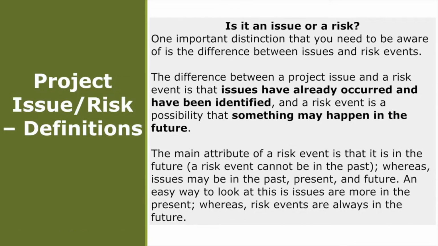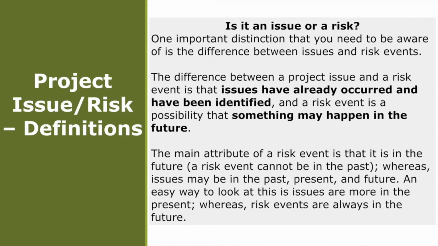One of the things that we often get confused with is what's an issue and what's a risk. I pulled this right out of my book, The Project Management Communication Tools, and it says, is it an issue or a risk? I'll just briefly go over this, but I'll definitely give you a minute to read it. One of the important distinctions that you want to be aware of is the difference between issues and risks, right? Issues have already occurred and have been identified, and a risk is something that may possibly occur in the future.